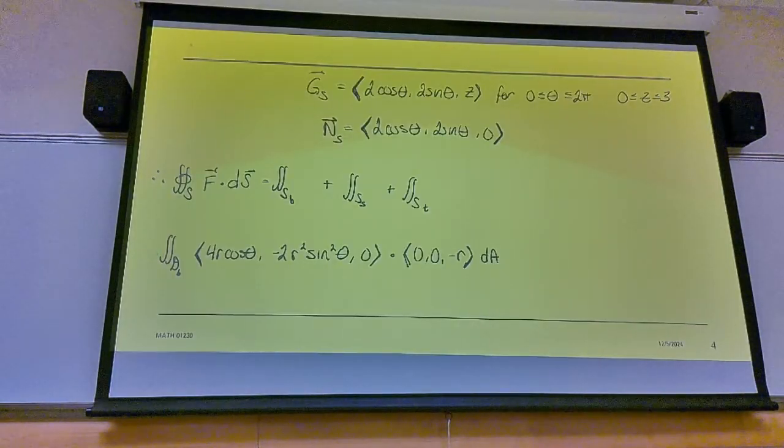Because of how much it's going to take, I'm going to do each one individually. So let's just say we're calculating the bottom flux first. Oh, well, that's very easy. What's that dot product? All zeros. So there's no net flux through the bottom.